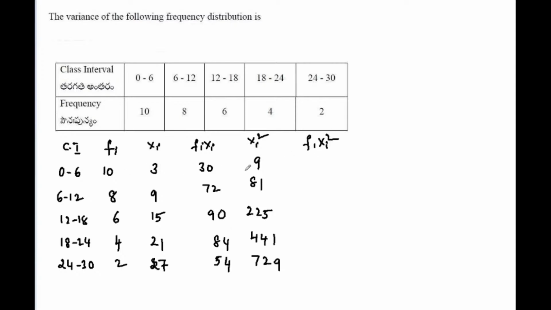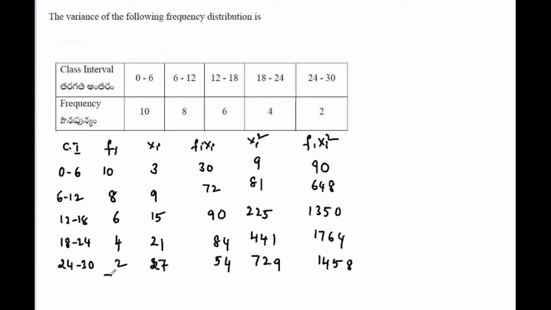This is fi into xi square. 10 into 9, 90, 8 into 81, that is 648, and 6 into 225, that is 1350, 4 into 441, that is 1764, and 2 into 729, that is 1458.